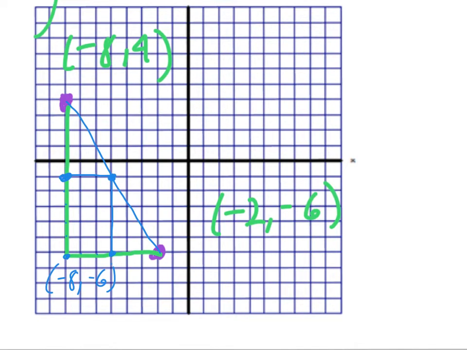And of course, it should look like it's on the line connecting them. And it looks like negative 5, negative 1. Of course, if we use our formula, we should come up with the same thing.